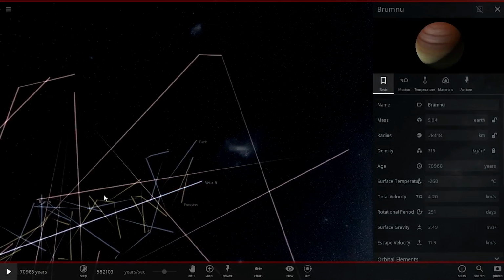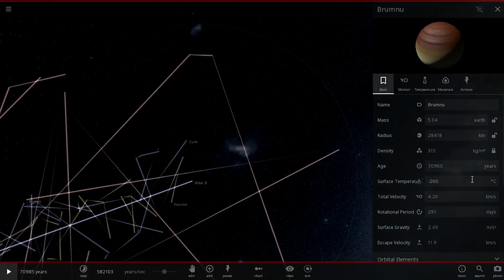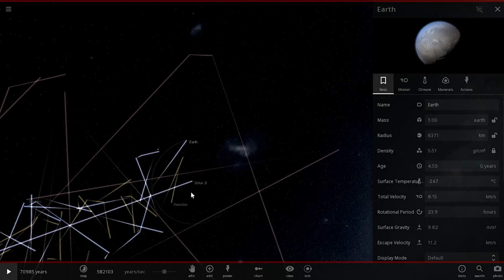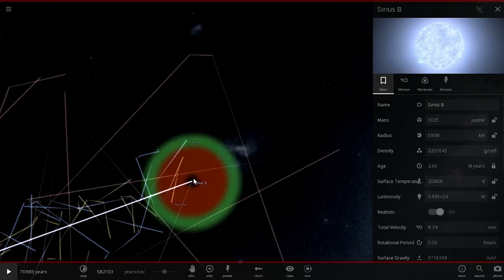I never actually expected this planet, but its surface temperature is absolute zero because it's near no heat source. Like, Sirius B isn't a good heat source to begin with. Look at the closest planet to it. -246, and its atmosphere is bad by the looks of it. Earth, 247.